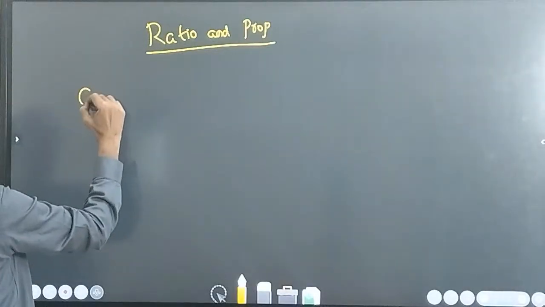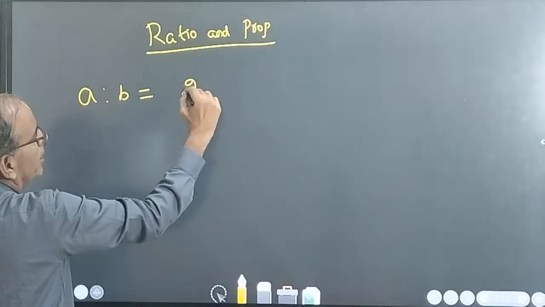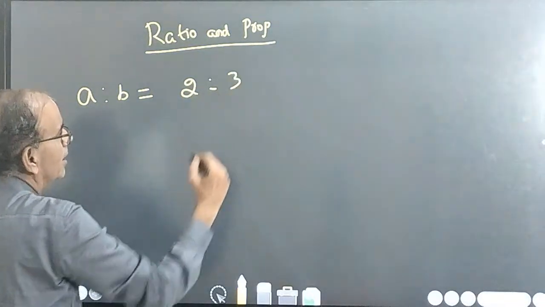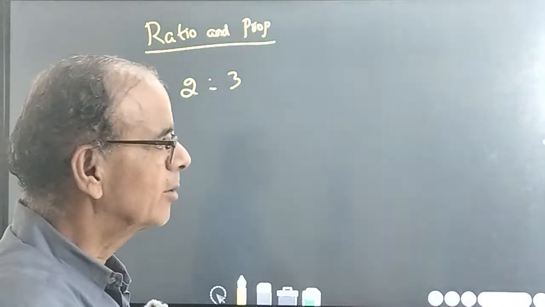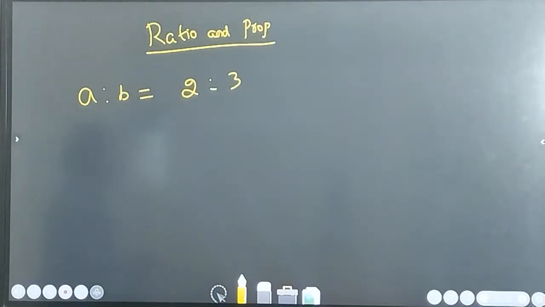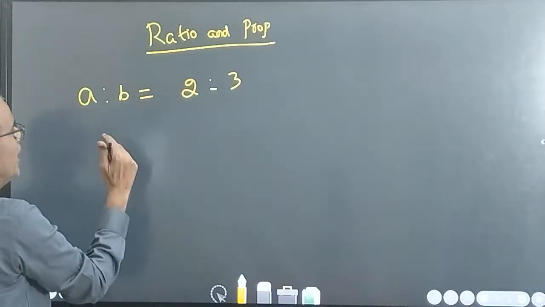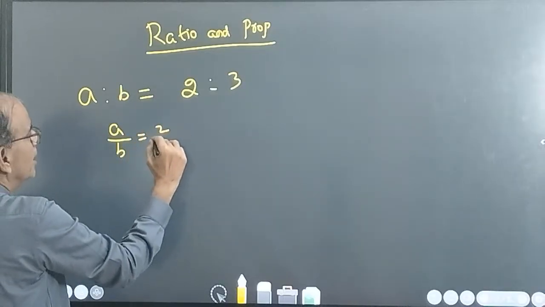Suppose A is to B is 2 is to 3. Remember, A's value is not 2, B's value is not 3. A's value may be 2, may be 3, it may be 20, 30 also, 200, 300 also, 2 crore, 3 crore also. I can say A is to B, 2 is to 3 means A by B is equal to 2 by 3.